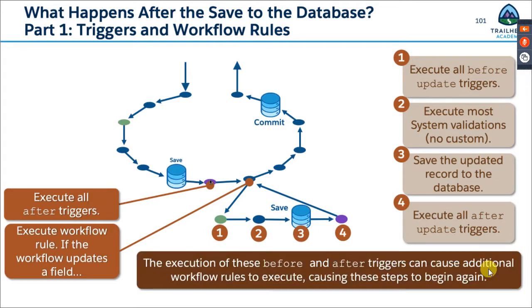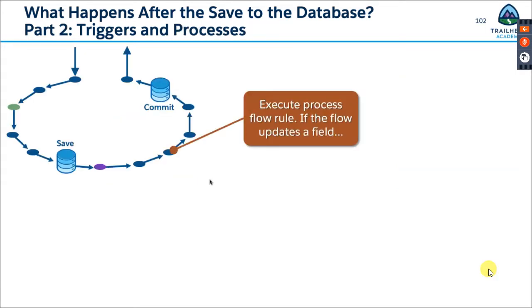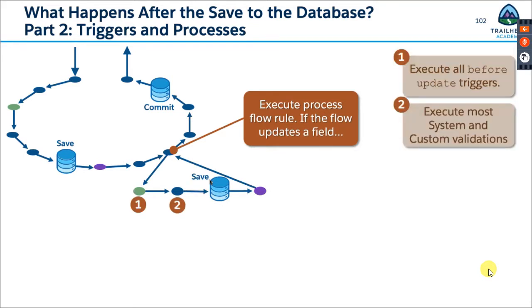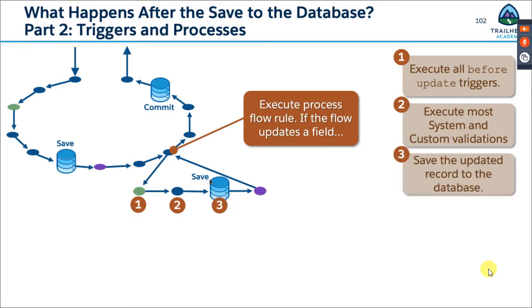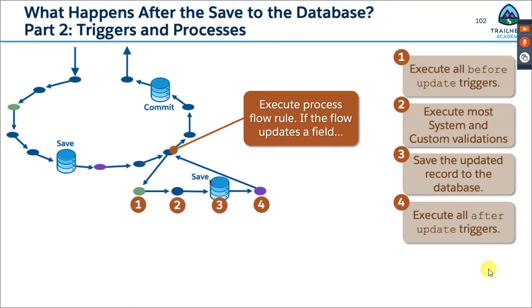Once the workflow has been completed, then you execute the process flow rules. Again, if the process flow updates a field, you will run your before triggers, system and custom validations, save the record to the database, and then run your after triggers.